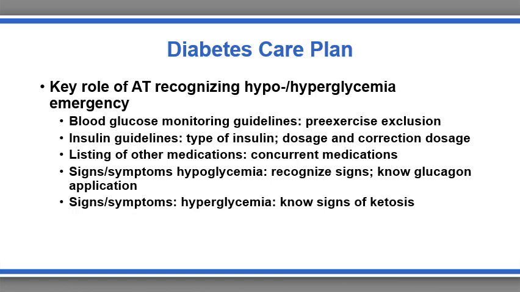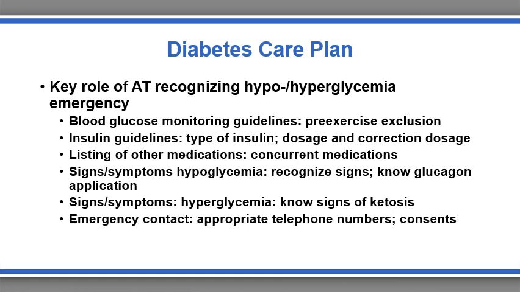Again, know the signs of ketosis, so there are particular things with ketosis that we talked about in pathology that stand out. Sometimes hypoglycemia can be a little finicky in practice, but we'll cover how you can differentiate between the two.